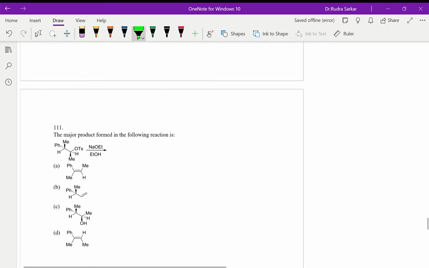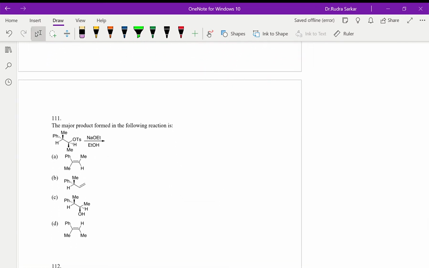Next, we have to find the major product formed in the following reaction. OTs is a very good leaving group, and we have been given OEt. So these are conditions for an elimination reaction.